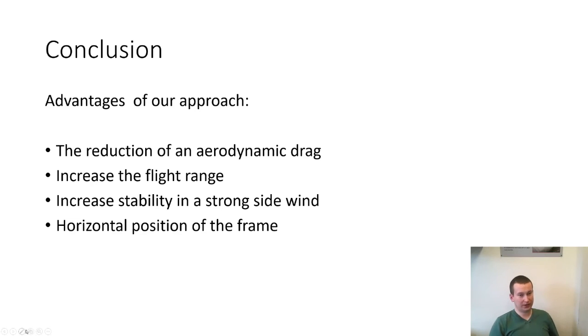We have compared the practical and simulated results, and they are very close. So I could say that the research which we have conducted is very good, and our drone has different advantages in comparison with an ordinary quadcopter.